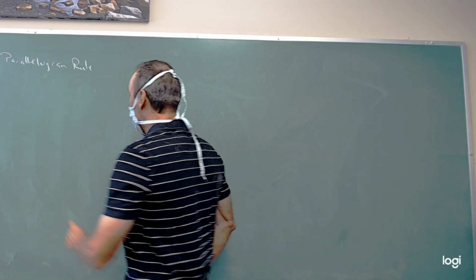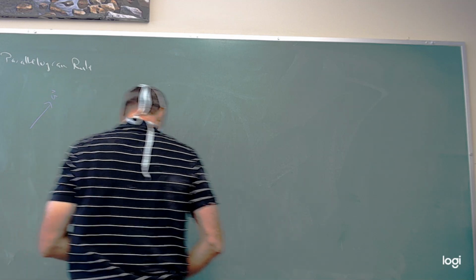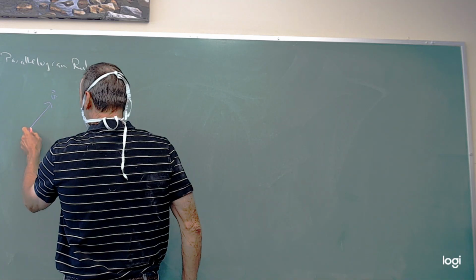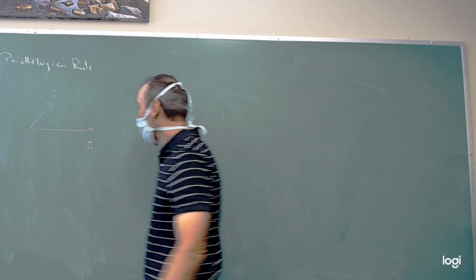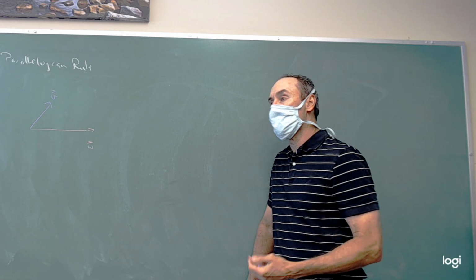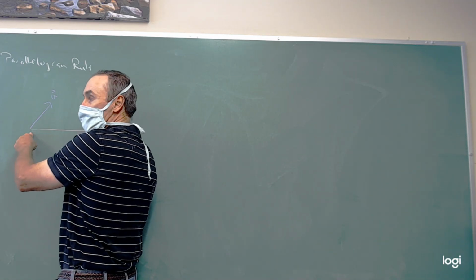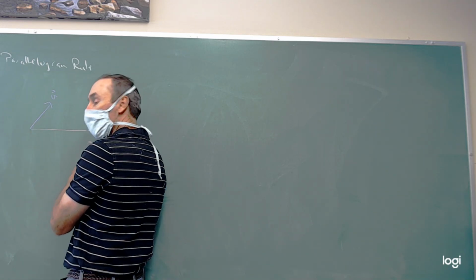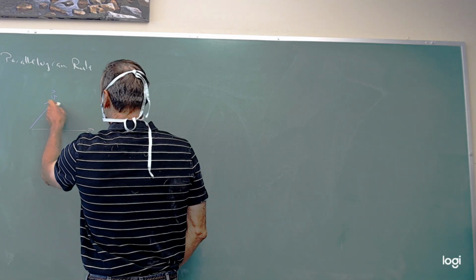So the idea is if you take two vectors, here's vector v, and here is vector w. If we put those two vectors so that they share the initial point, so the beginning of vector v matches the beginning of vector w, then together those two vectors form a parallelogram.